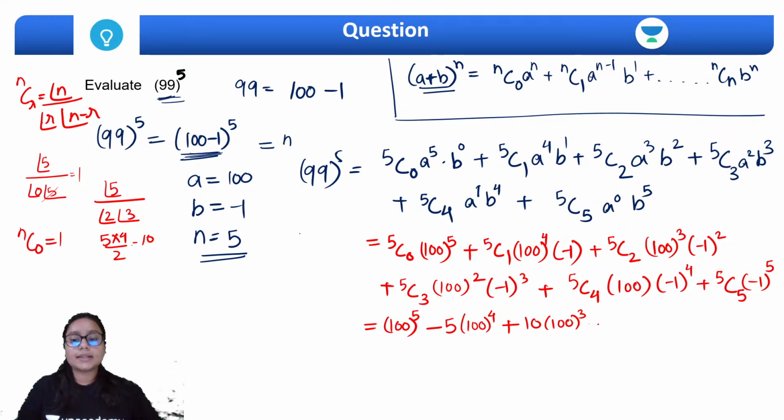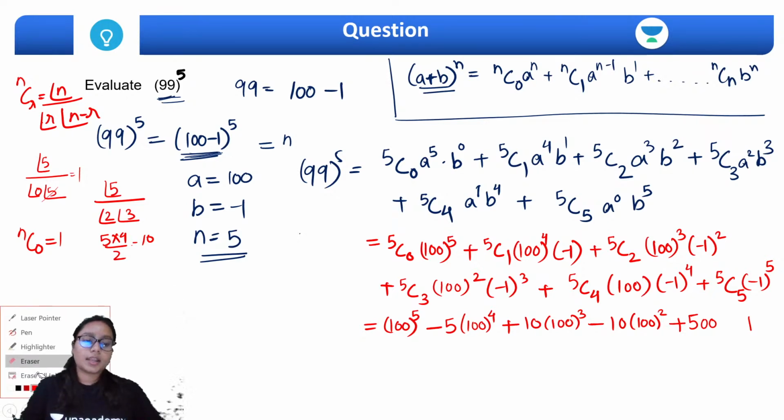Now again minus here, the value of 5C3 is also equal to 10 into 100 square, plus 5C4. Sorry, 5C4 is equal to 5. So this is 500, plus 5C5 is equal to 1. But we have minus 1 raised to the power 5, odd power, therefore this sign will be negative.